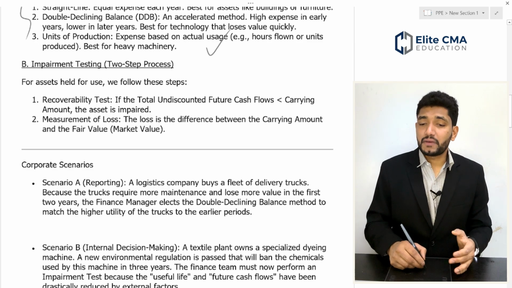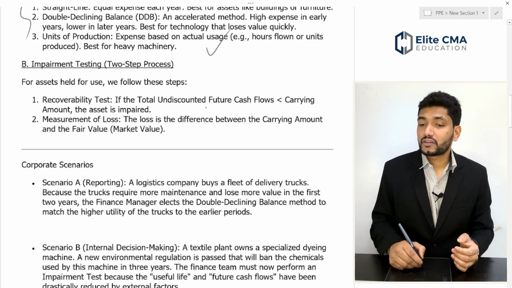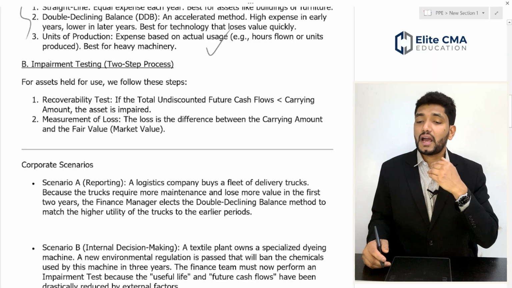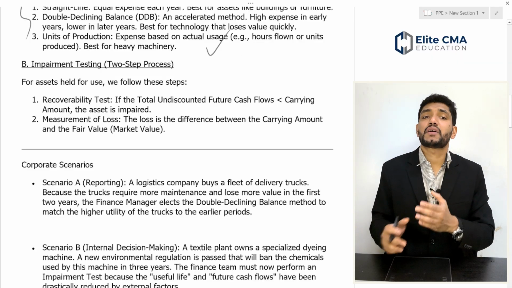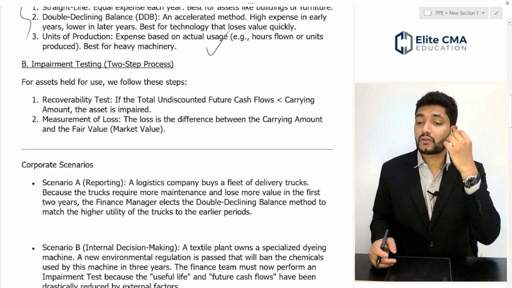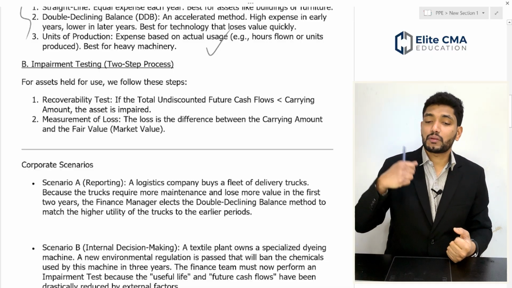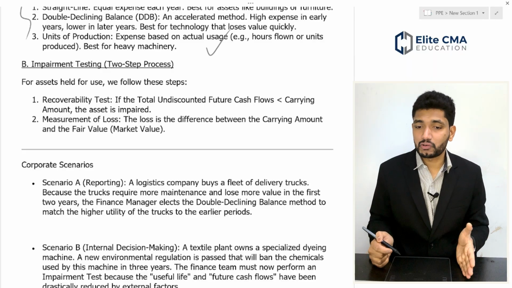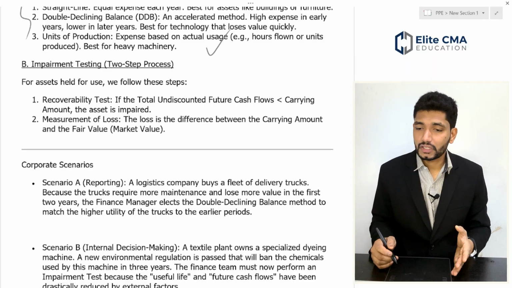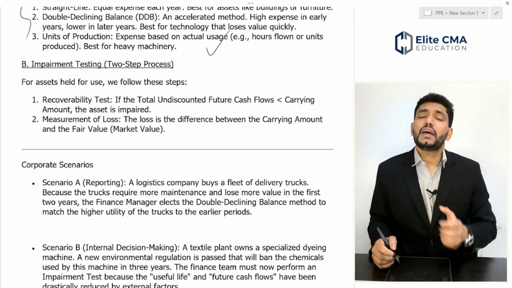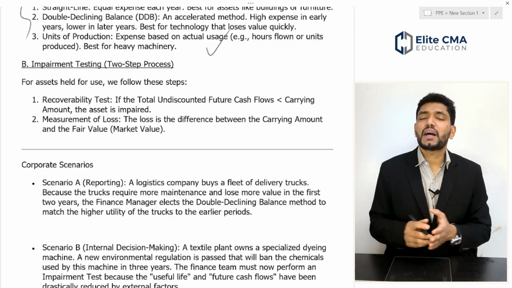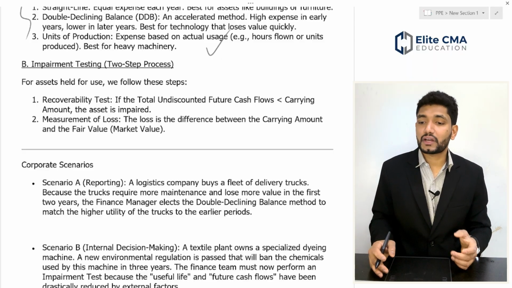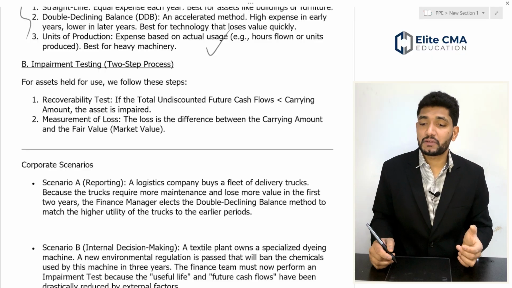For the impairment, you have to do the recoverability test, that means comparing your total undiscounted future cash flow from that asset with the carrying amount of that asset. Then you have to compare that carrying amount with the market value. So, these are the two steps you have to consider while doing the impairment test.